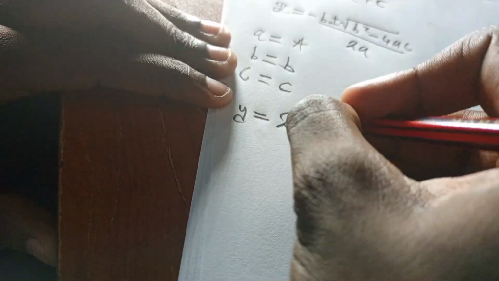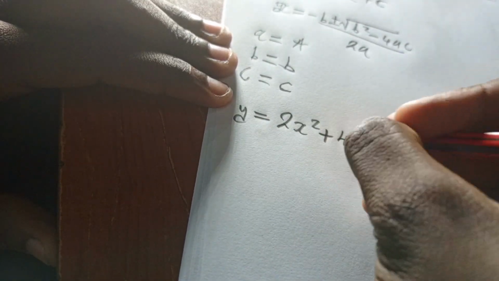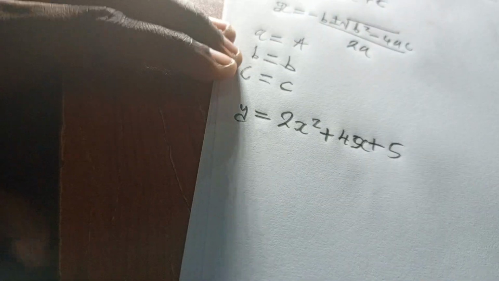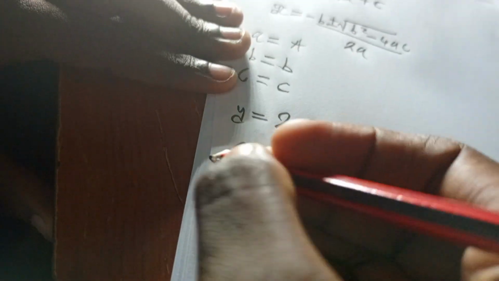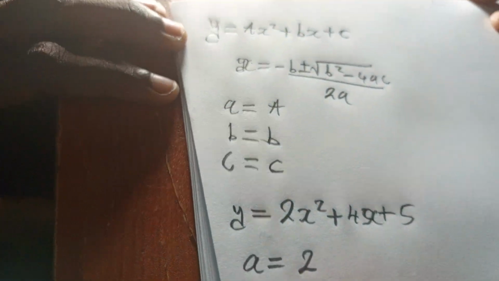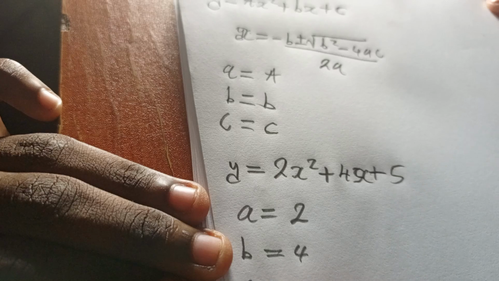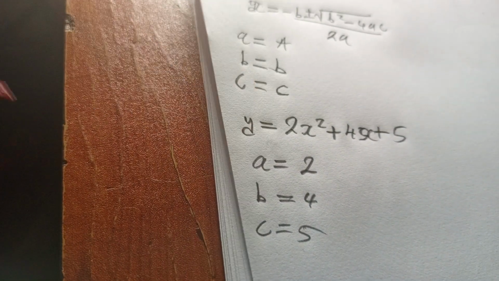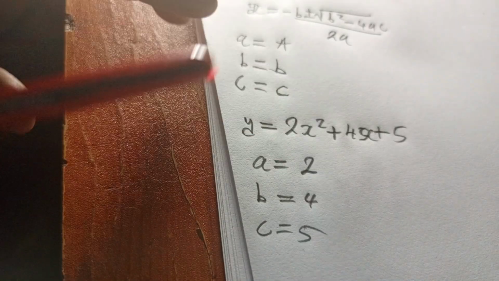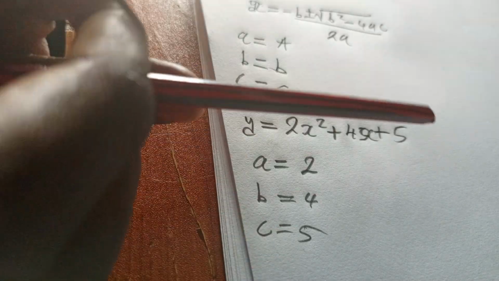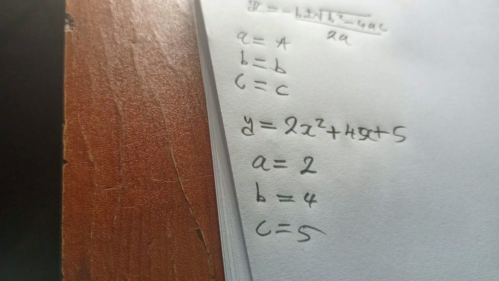We have 2x squared plus 4x plus 5. Our a is 2, our b is 4, and our c is 5. The a comes with the power 2, the b has just x to the power 1, and the c has no value of x there.